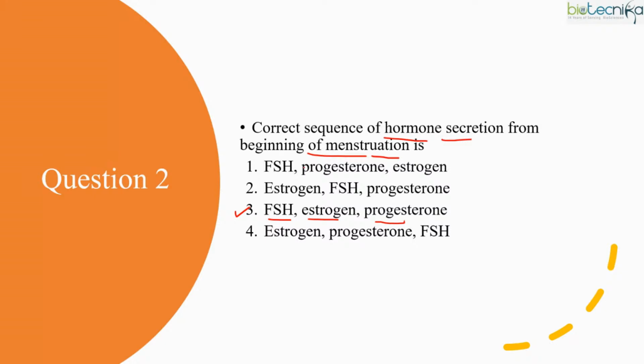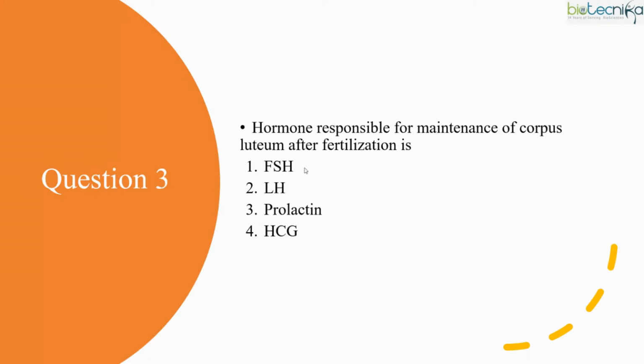Next, one more question, and then we can stop here. The hormone responsible for maintenance of corpus luteum after fertilization. What should be the hormone responsible for maintenance of corpus luteum? Corpus luteum is the part of the follicle that remains after ovulation.